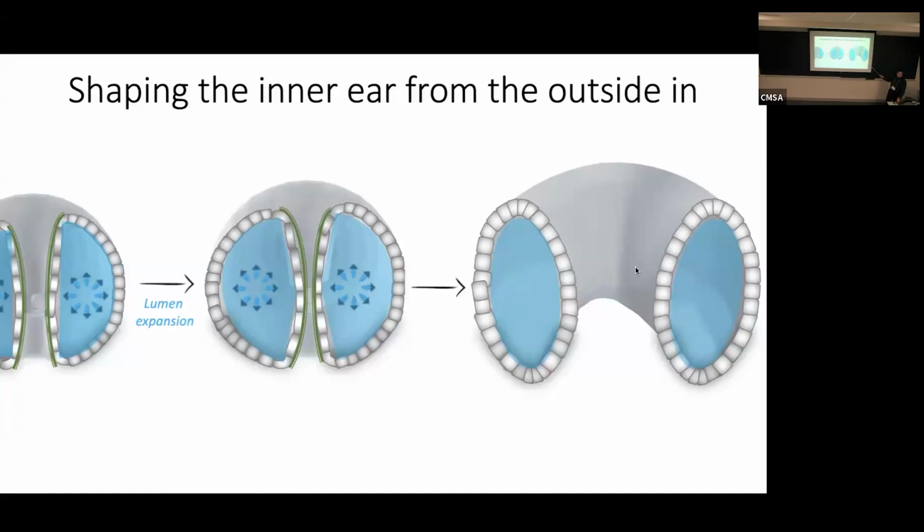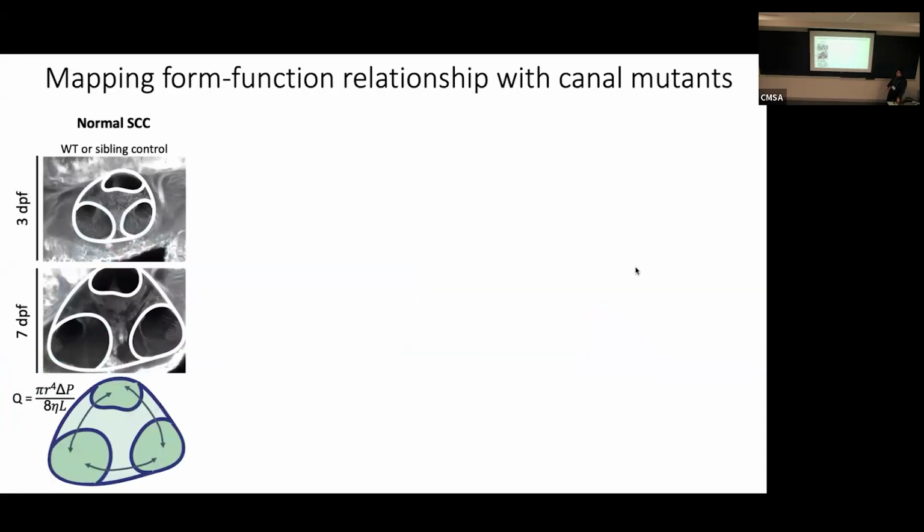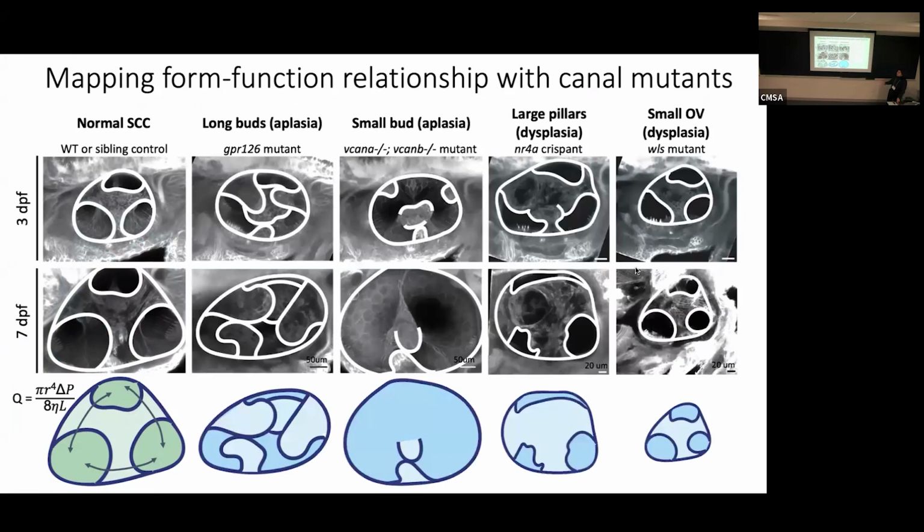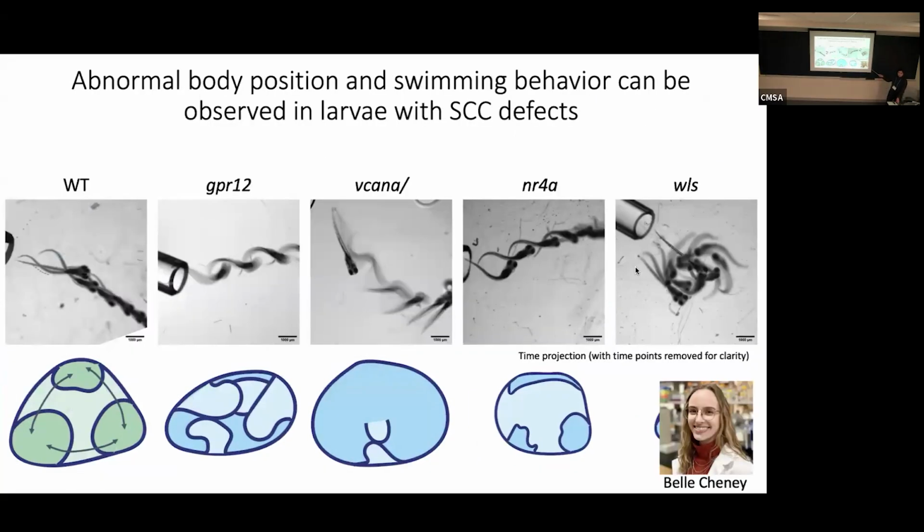But ultimately, I think we all care about function, at least in this audience, and we are beginning to look at function of these, at least the mutants we have in the lab. We have lots of mutants at this point where the canals are either smaller or the whole otic vesicle is smaller, or they're completely absent. And in this case, we can very reliably measure behavior as early as in 5 or 7 days.